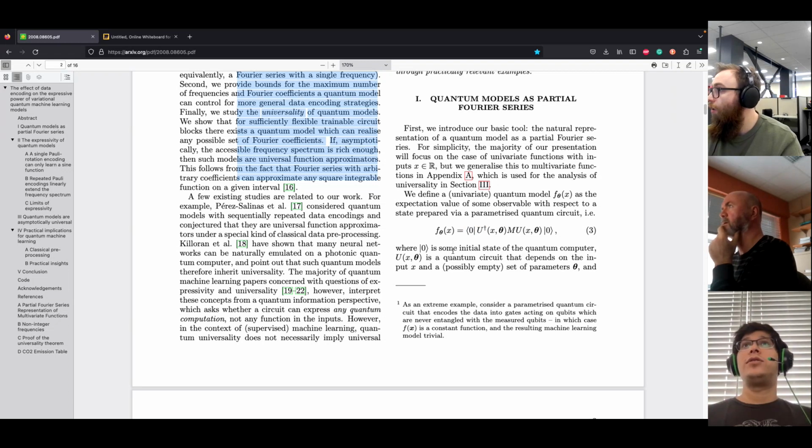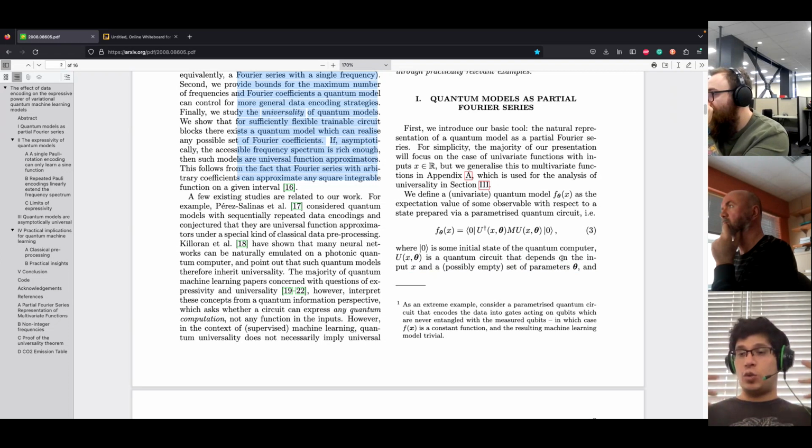And now here you can see they say where 0 is some initial state of the quantum computer. That's because there are quantum computers in which the initial state is labeled as something else. So this is the initial state. For us, it's always the 0 state. This U of x theta is a quantum circuit that depends on the initial input x and a possibly empty set of parameters theta.